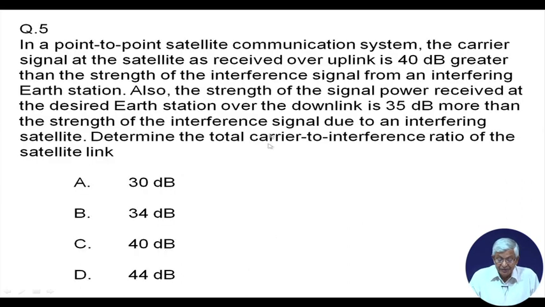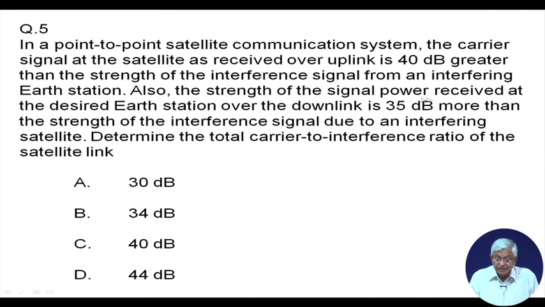This is more elaborate. In a point to point satellite communication system, the carrier signal at the satellite as received over the uplink is 40 dB greater than the strength of the interference signal from an interfering earth station. So, the uplink carrier to interference is 40 dB.